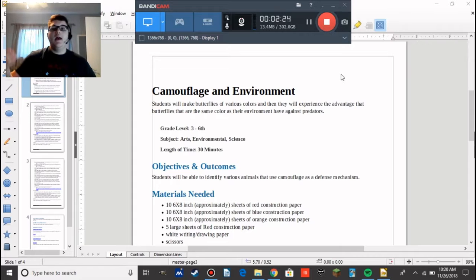The teacher would then, after the whole assignment is done, discuss why the different colored butterflies were better suited for camouflage and why the other ones weren't.